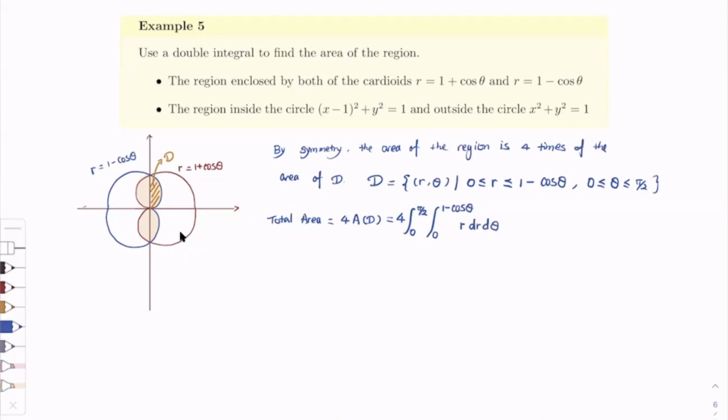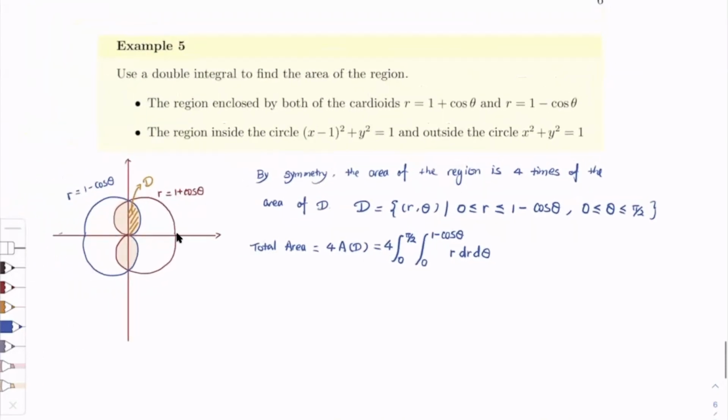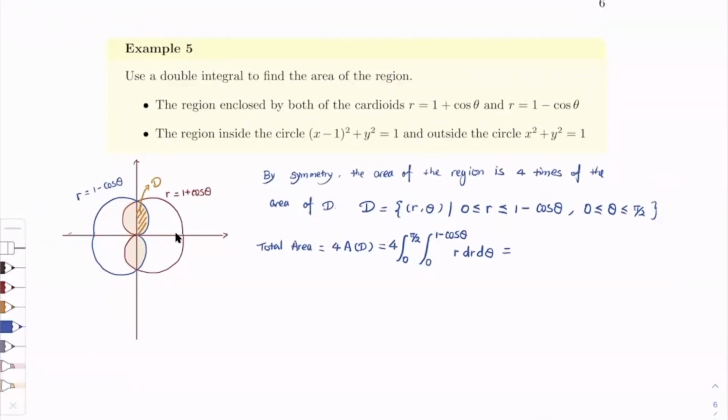When your f of x, y equals 1, that's the area instead of volume. So that's it, and you just compute it. The rest you can do yourself.